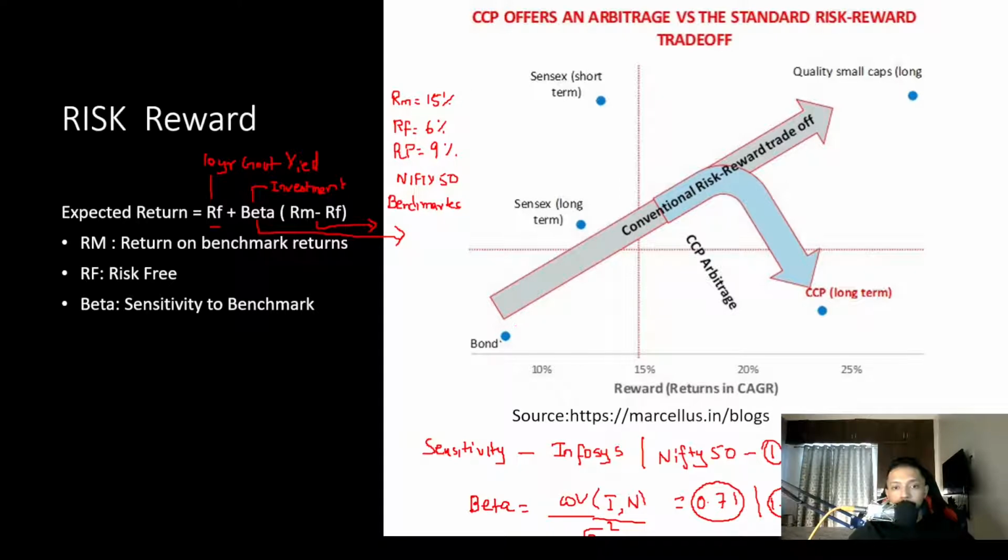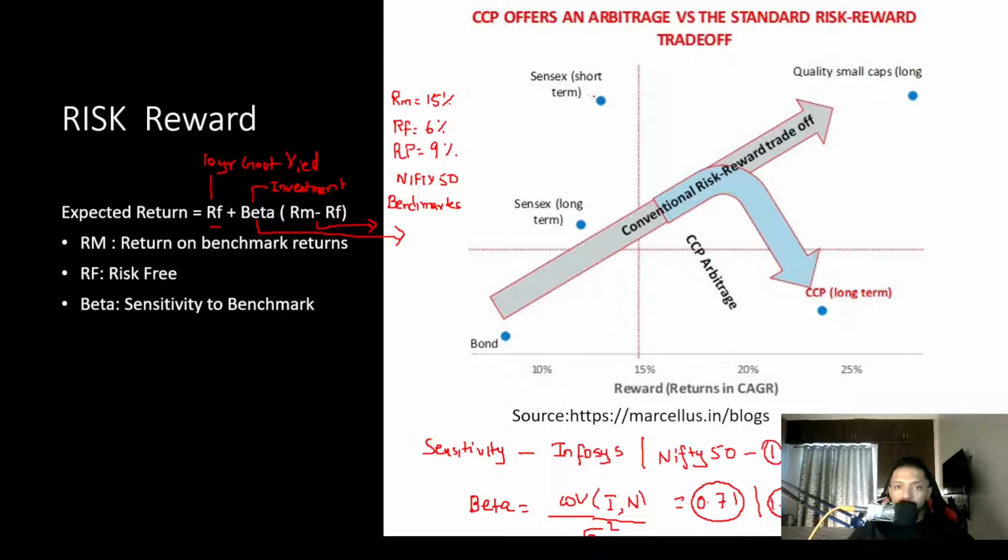Bonds obviously fall under the lower return section, and their risk is lower. But as you keep on going above, Sensex long term, your risk is increasing, but so are your returns.